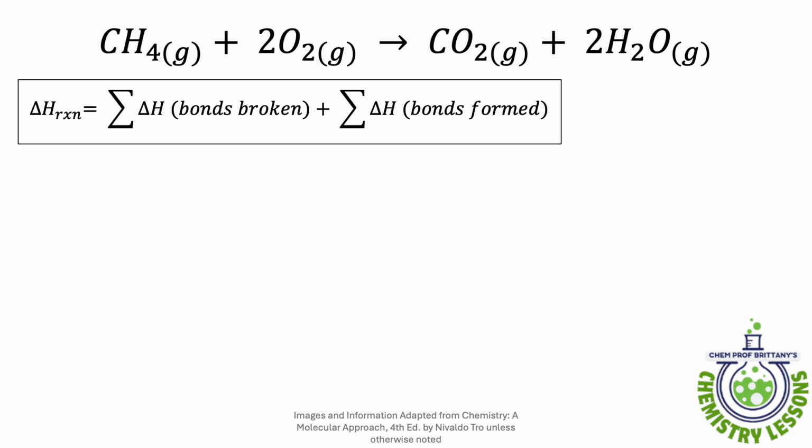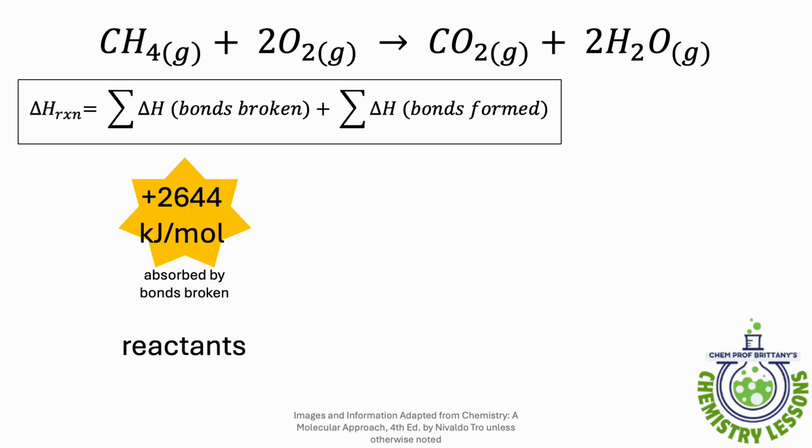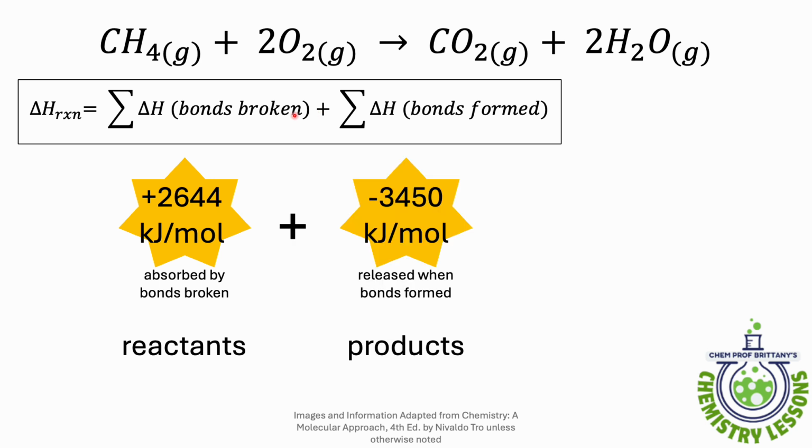So we have this formula if we are going to be using bond enthalpies. We take the 2,644 kilojoules per mole absorbed by our bonds being broken. That is our delta H for our bonds broken, plus the delta H for our bonds that are formed.